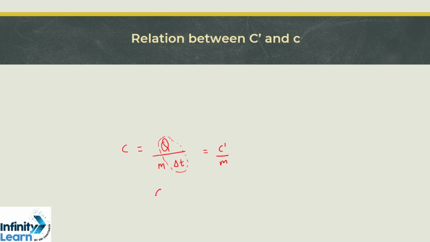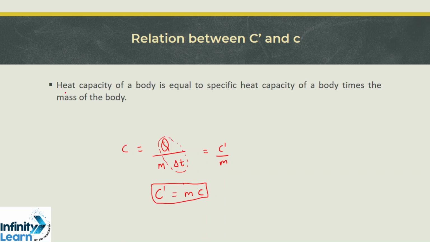So what we have is C dash, which is nothing but heat capacity. It is equal to mass of the object into the specific heat capacity of the object. So heat capacity of a body, denoted by capital C prime, is equal to specific heat capacity of the body times the mass of the body.